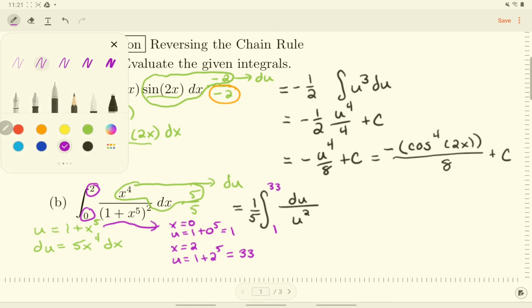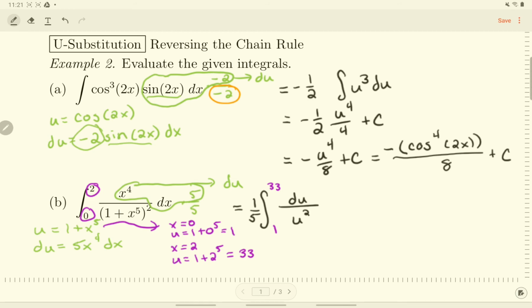All right. Now we can keep going. So to integrate this, I need to rewrite that u with a negative exponent, so I can use my reverse power rule.